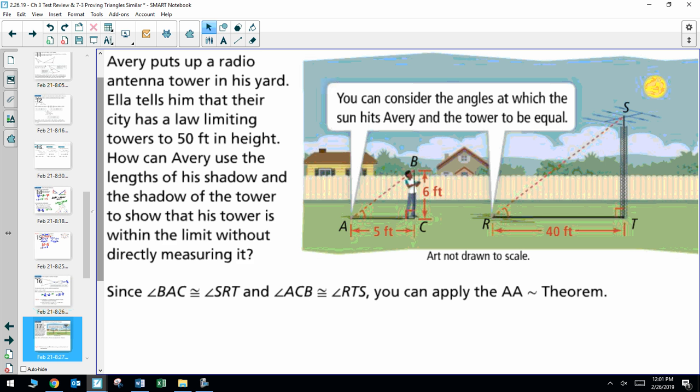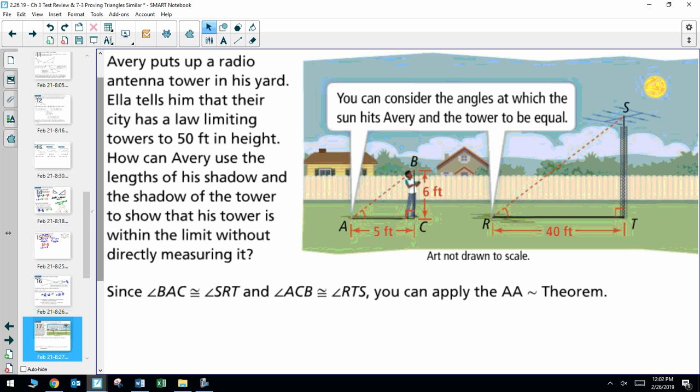These shadow problems, they are similar because if you're comparing your shadow to the object of something else, you're always going to meet the ground at a 90 degree angle. And whatever angle the sun's hitting that object at, it's going to hit you at the same angle, and it's going to make the same angle with the ground.